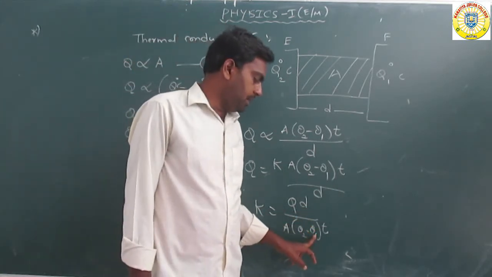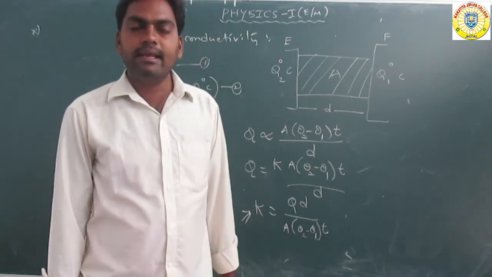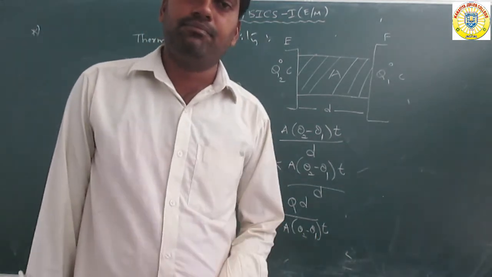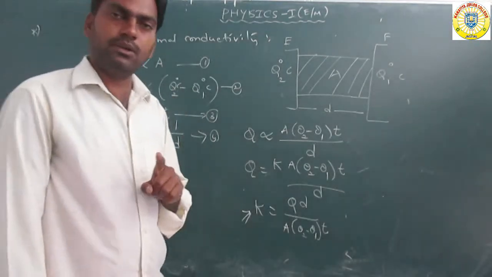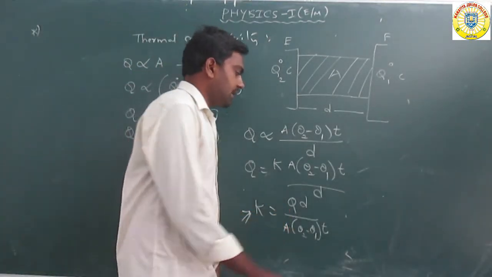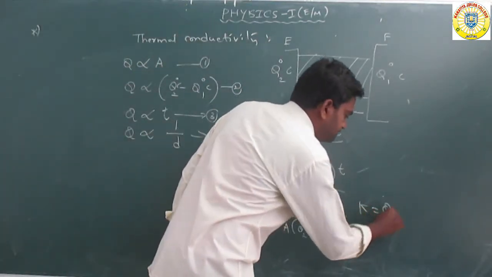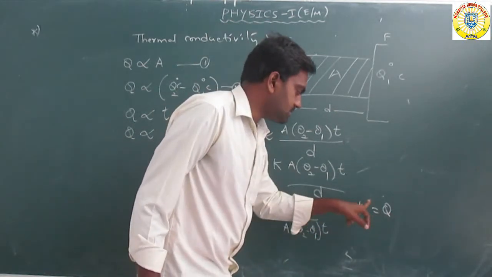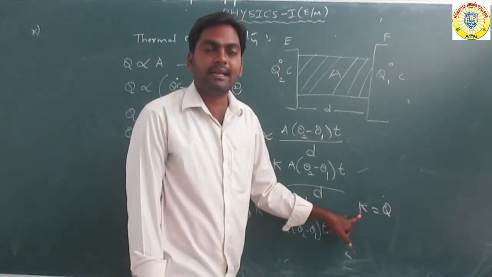D by theta 2 minus theta 1 is called the radiant gradient. The radiant gradient is taken as 1 unit. So the heat conductivity is called the coefficient of thermal conductivity.